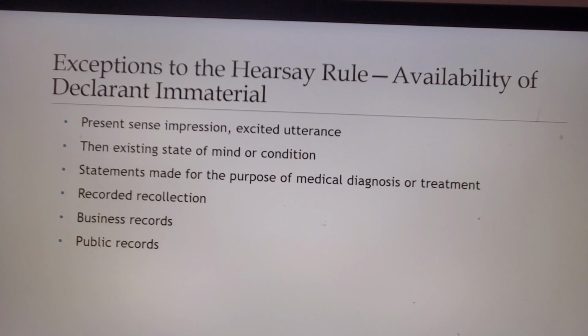So the reliability of those statements to your doctor when you're in pain or injured and wanting treatment, they're likely to be true, and you may also be under the assumption that they're privileged. Those things support the credibility of those statements to medical staff. So in some cases where there's access to those types of records and those types of statements, for those reasons, that type of statement for purposes of diagnosis or treatment are considered credible enough to be used in court, as exceptions to the hearsay rule.